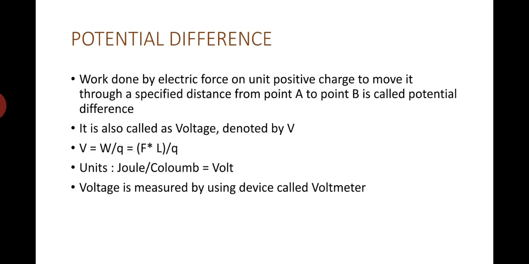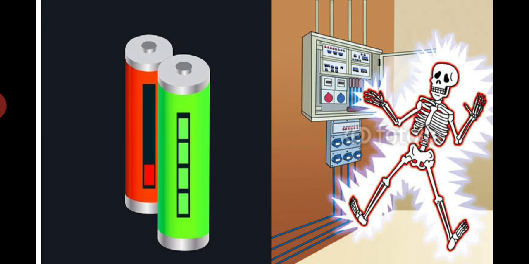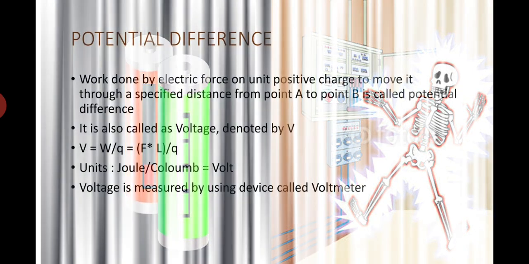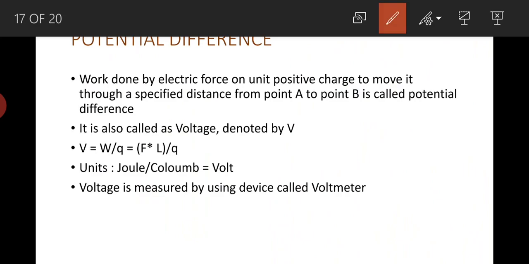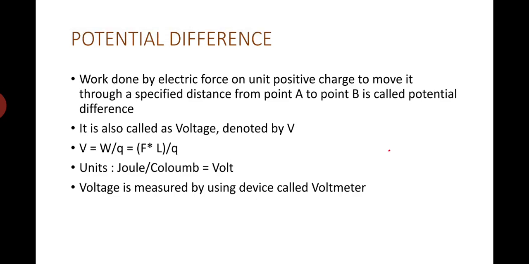Now let us see potential difference. In order to explain potential difference, I would like to give one small example. Potential difference is nothing but the driving force which makes the electrons move from one place to another in a conductor.